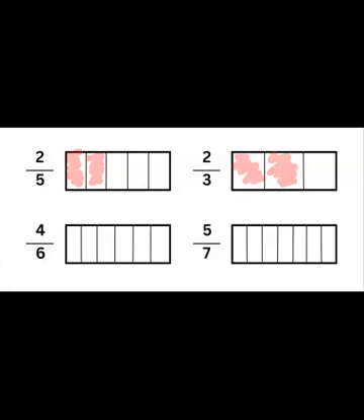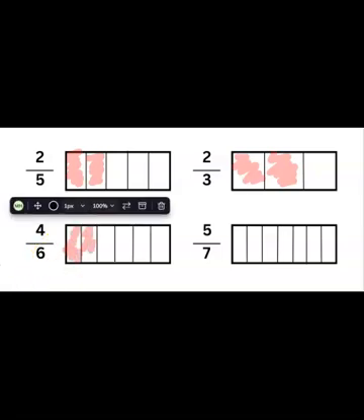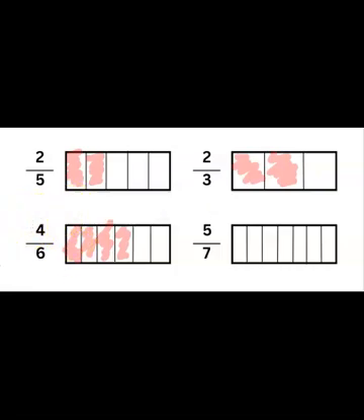The next fraction says 4/6. Since our denominator is a 6, we need to cut our fraction into 6 equal pieces. Since our numerator is a 4, we are going to color in 4 out of those 6 pieces to show 4/6. Our last example on this page says 5/7.